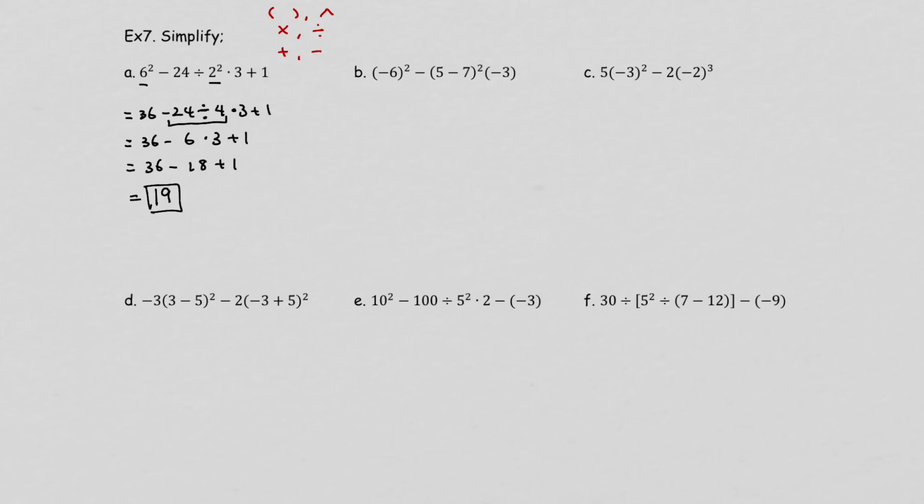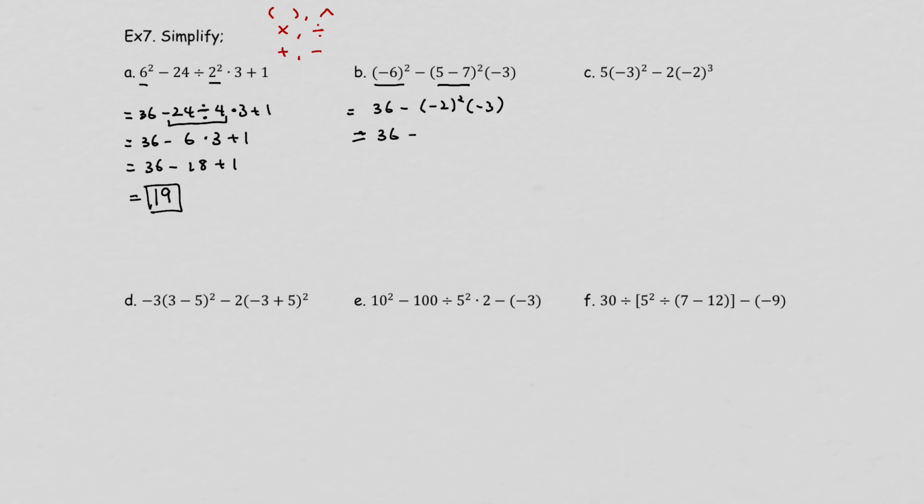What about this one? When you have parentheses and exponents together, I mentioned whatever is inside first, right? This one is just exponents. It's separated by subtraction, so maybe I'd be able to do this one at the same time. So negative 6 times negative 6 is 36. 5 minus 7 is negative 2. The square is still there. So I will do exponents next.